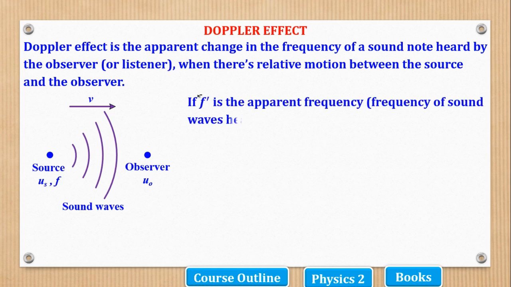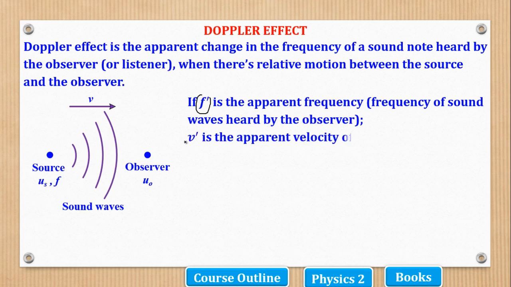If f prime is the apparent frequency, or the frequency of sound heard by the observer, this is actually what we shall be calculating. V prime is the apparent velocity of the sound received by the observer. I encourage you to master these symbols because we shall use them frequently.